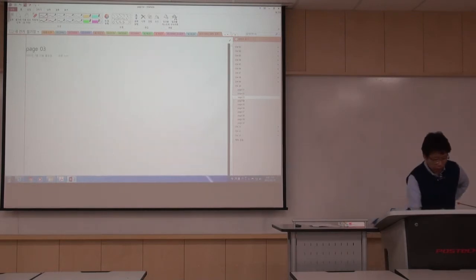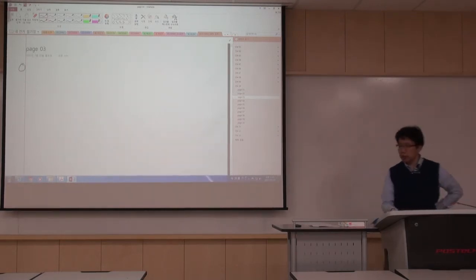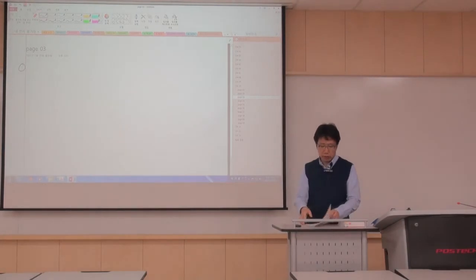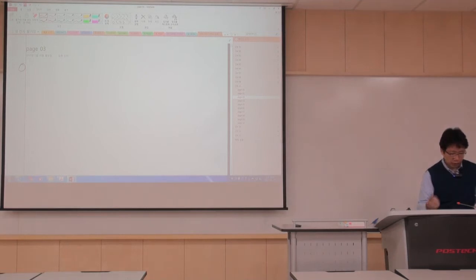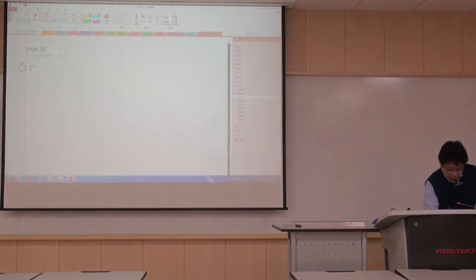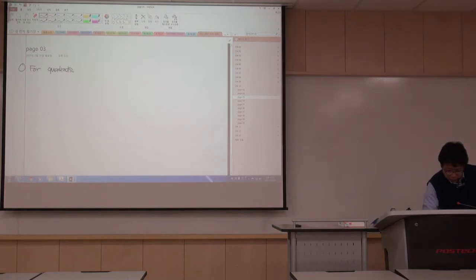And then we had a very interesting result that only holds for quadratic objectives.